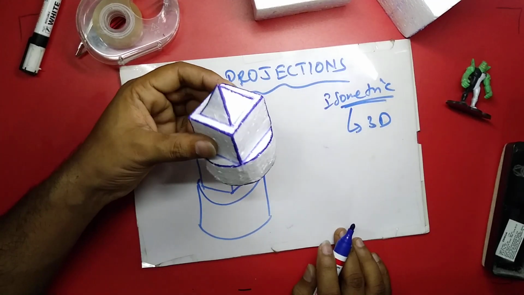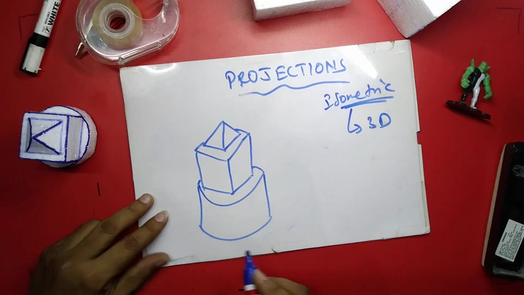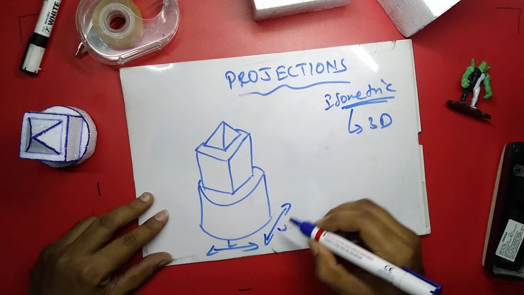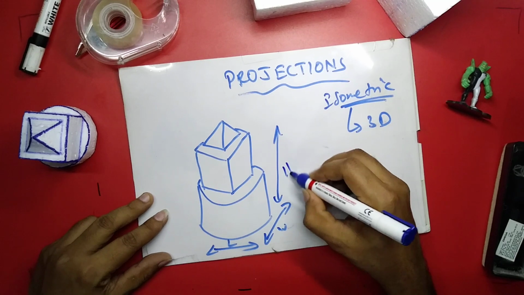See, here I have drawn this object in three dimensions, representing this has length, this has width and this has height.